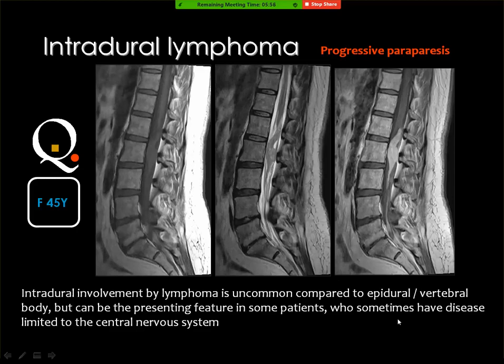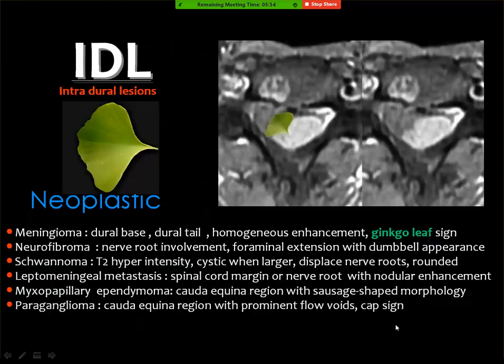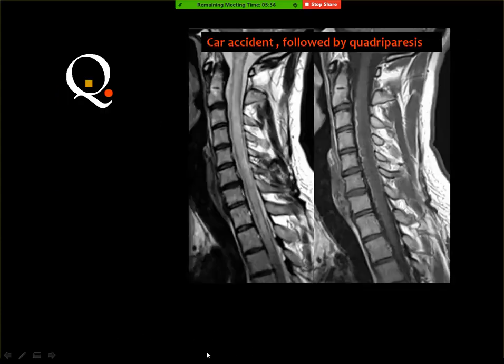Then you mention the non-neoplastic lesions. And here are the neoplastic lesions which do not include lymphoma: meningioma, neurofibroma, schwannoma, metastasis, and ependymoma. Of course, paraganglioma is written in the literature, but is not frequently seen in clinical practice.